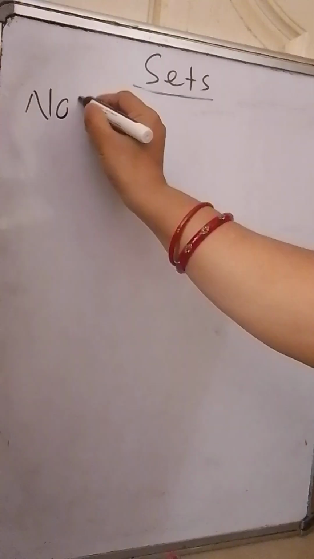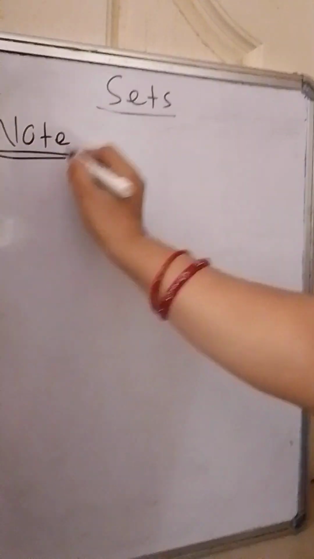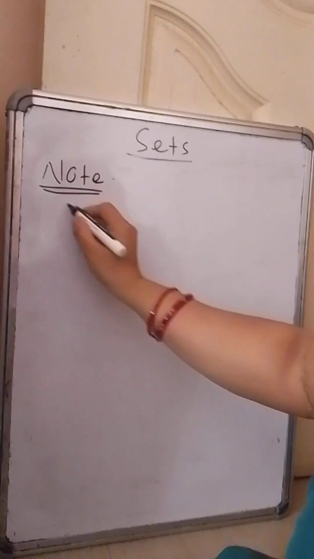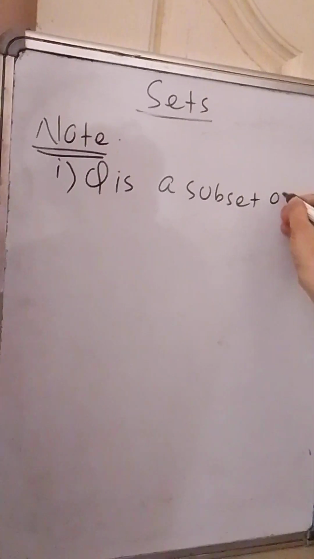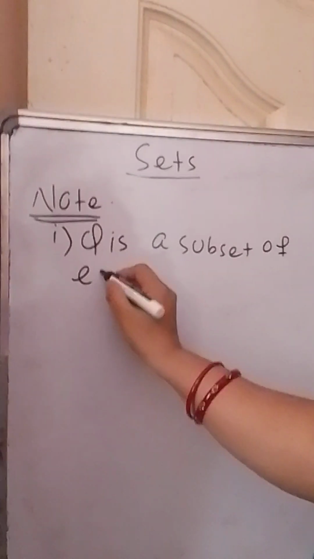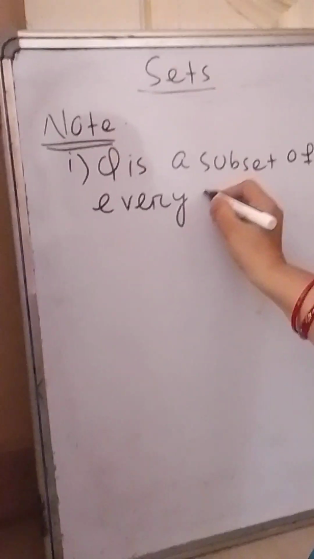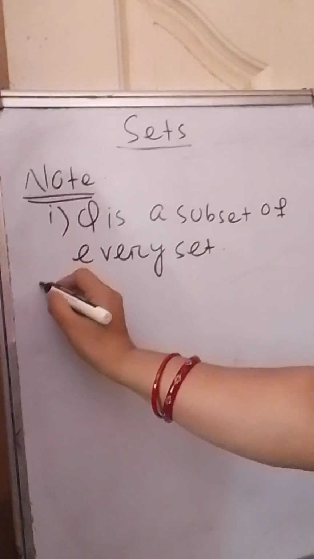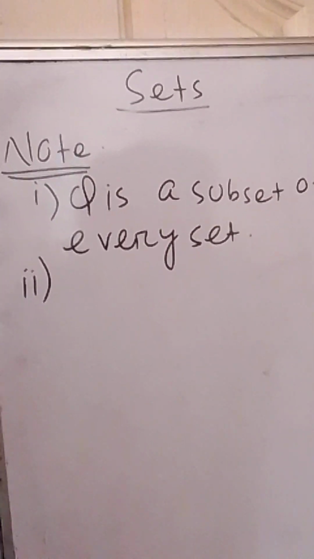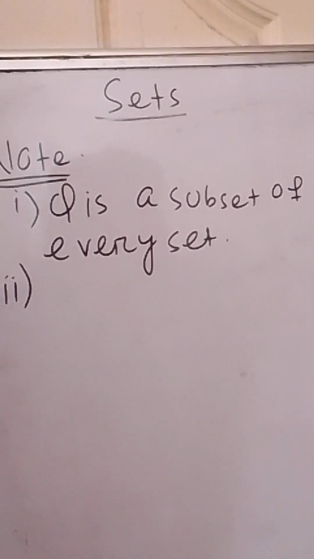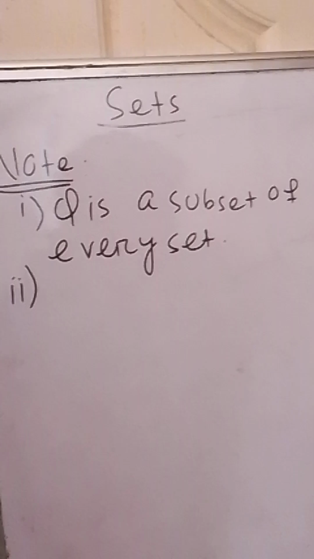Some notes or remarks on subset. First, phi is a subset of every set. As we discussed now, why? Since phi is an empty set and has no element, we can say that phi is a subset of every set.